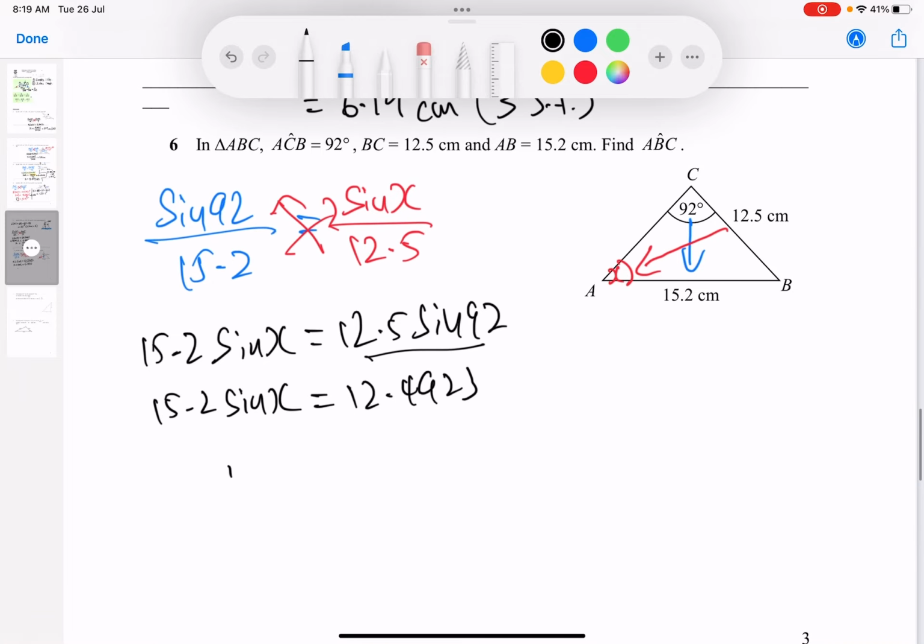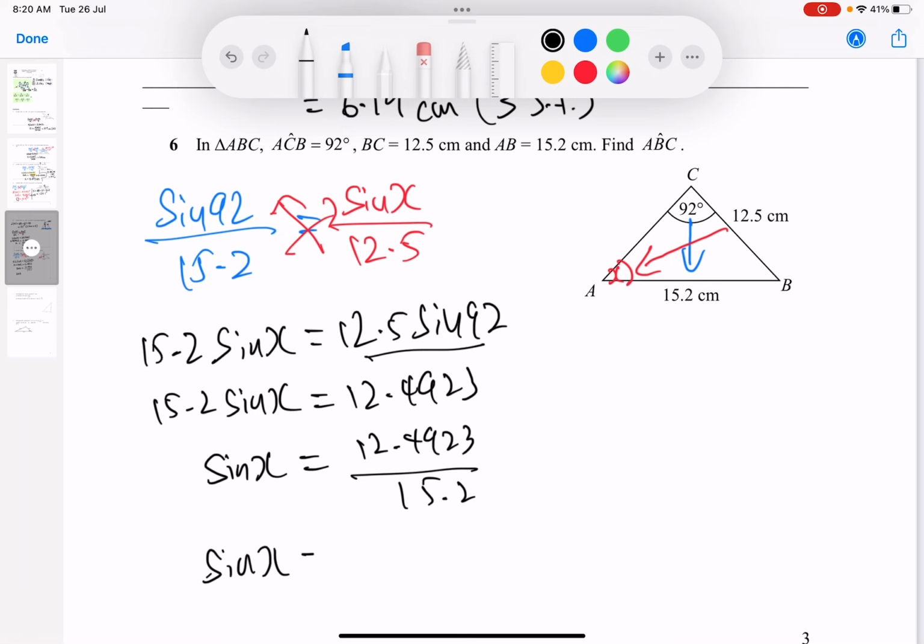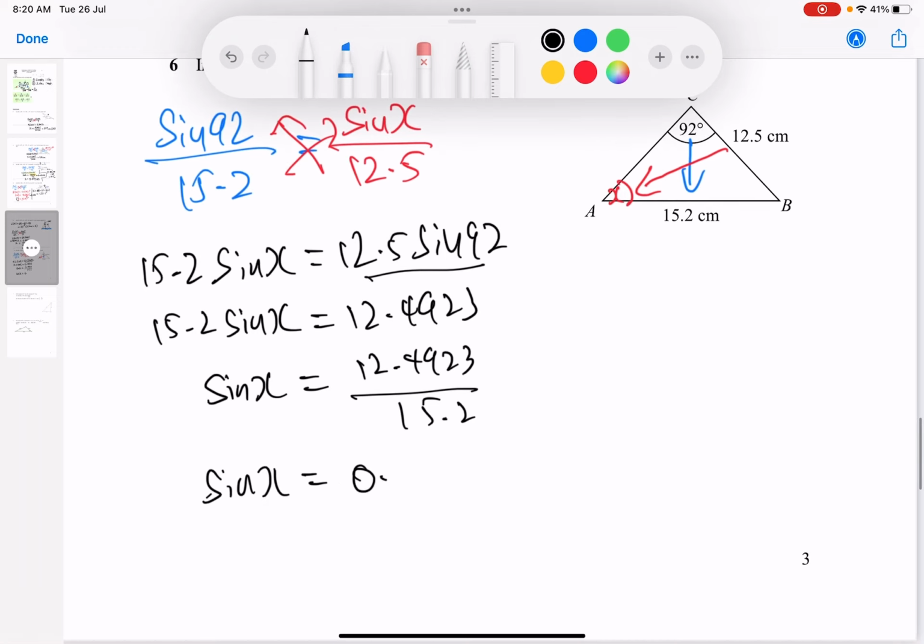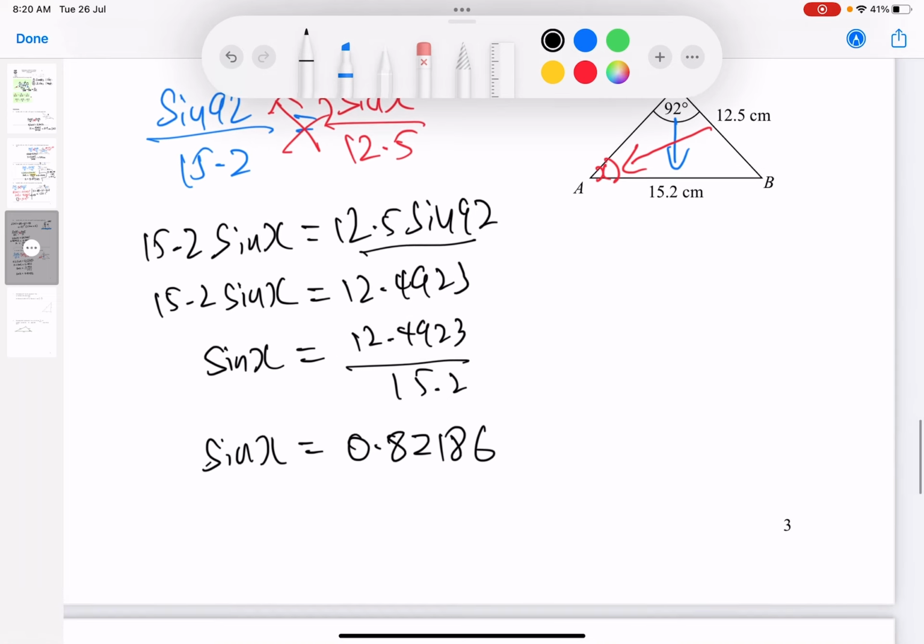So if I want to find sine x, I'll divide both sides by 15.2. So I'll get 12.4923 divided by 15.2, and what I'll get is sine x is equal to 0.82186. Let's leave 2 more decimal places to make our answer a bit more accurate.